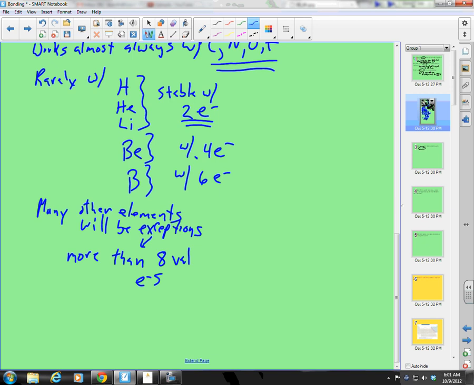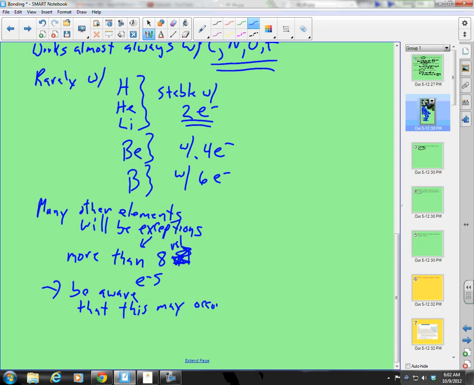They will end up with more than 8 electrons. Yeah, I guess it is valence. Sorry, there we go. So now, do you need to memorize these? No, you don't have to memorize any of these. Just be aware that this can happen. Be aware that this may occur.